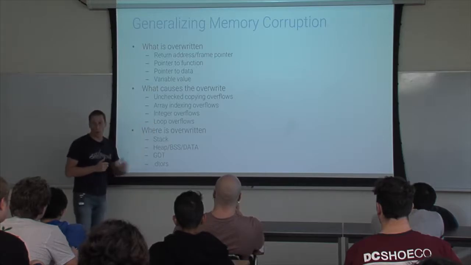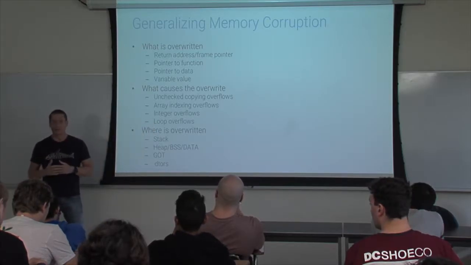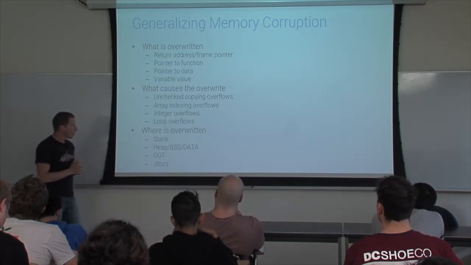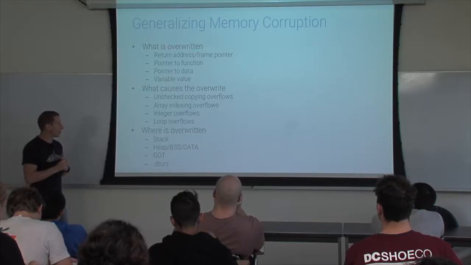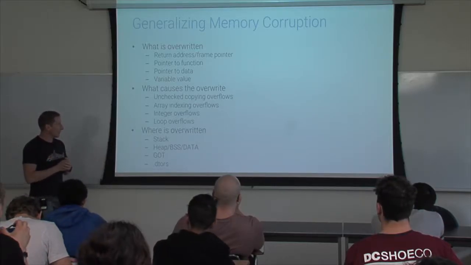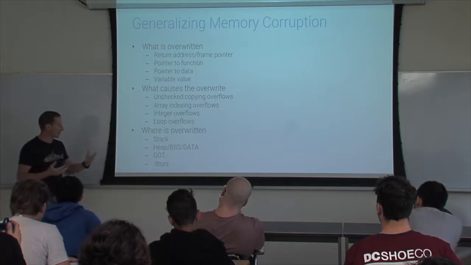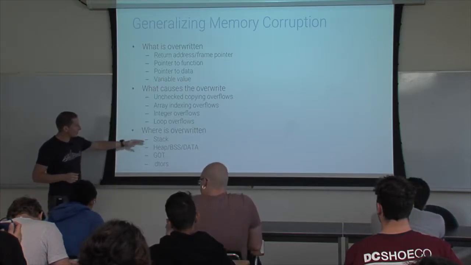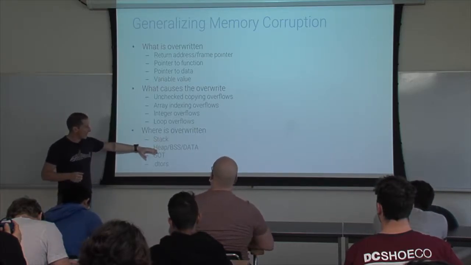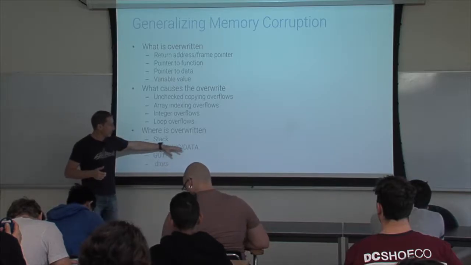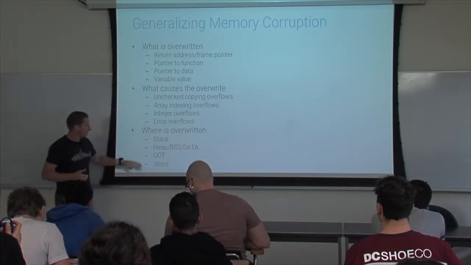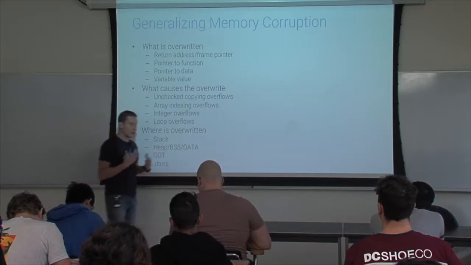And of course, loop overflows, when you don't check enough of your looping exit condition, and you end up spilling your data on the heap, on the stack, wherever you are. And of course, you can override the stack, the heap, the data segment, the BSS, the GOT, and the detours we saw.